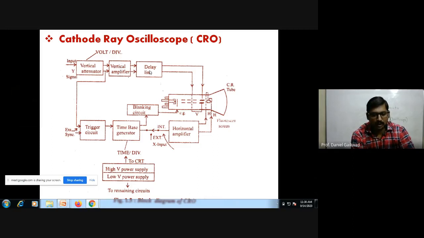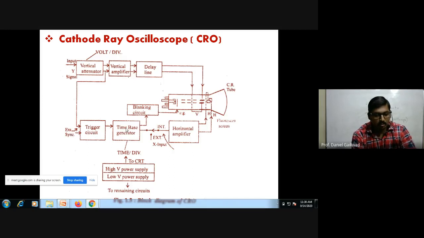Then we have the delay line. Then this signal goes to the vertical deflection plate assembly, so one plate and a second plate. This will be given to the vertical plates of the CRT, or cathode ray tube. Now the second circuit, we have the external sync, that is the trigger circuit.